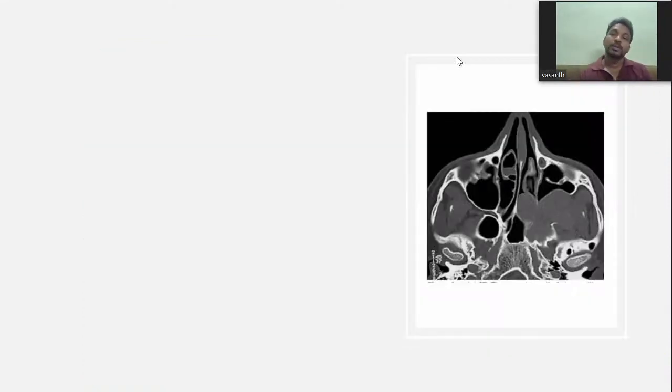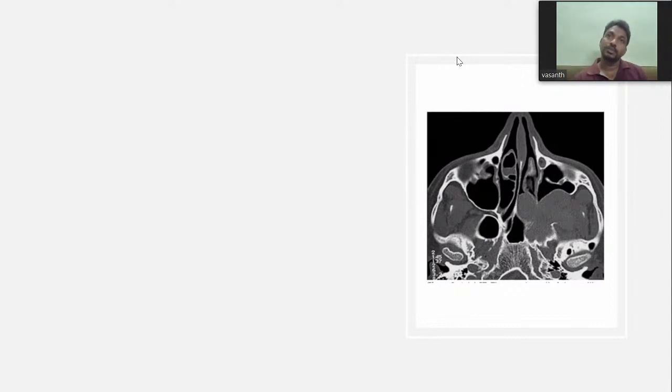So coming down to the investigative procedures, mostly the diagnosis is clinical, you can be 100% sure that it is an angiofibroma, but to know the extension of the disease and what structures are involved by this tumor, you have to do a CT scan.